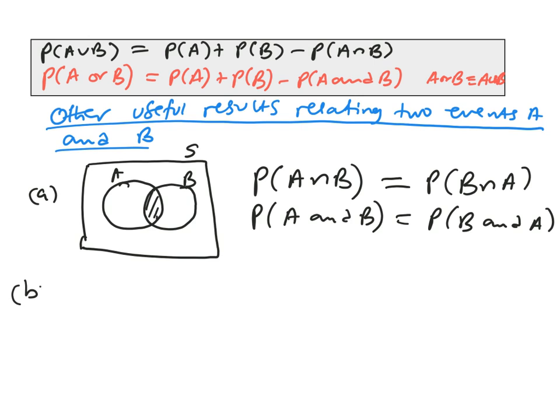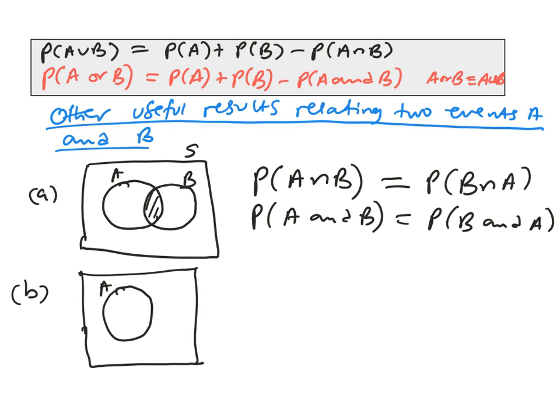So what is the other useful result that we can talk about? This is set A, and this is set B. Let me begin with set B for you to be able to understand what I'm talking about. Whatever is not in B, we say is outside B, and we write it as B complement.